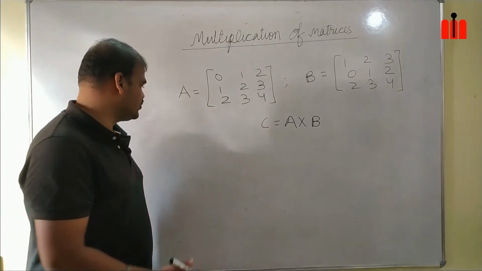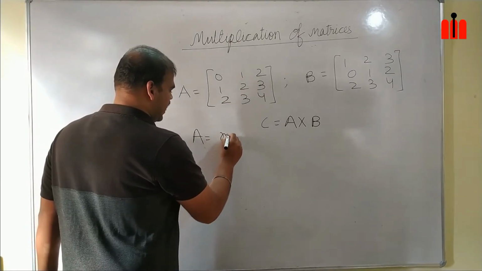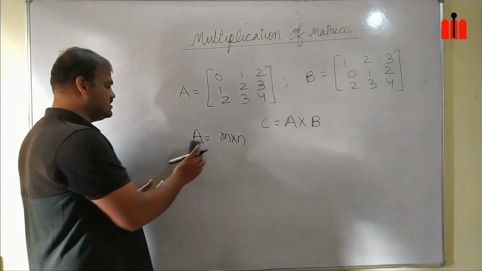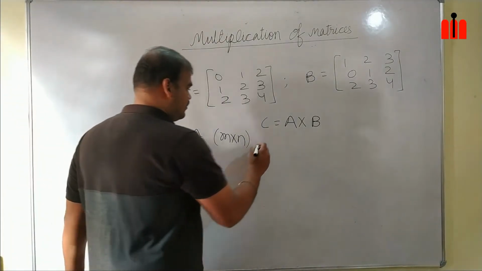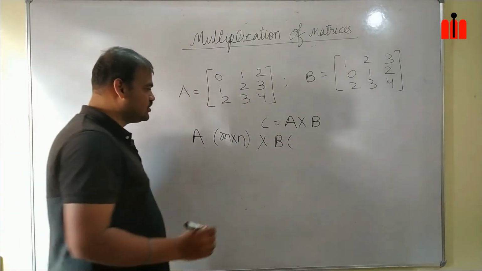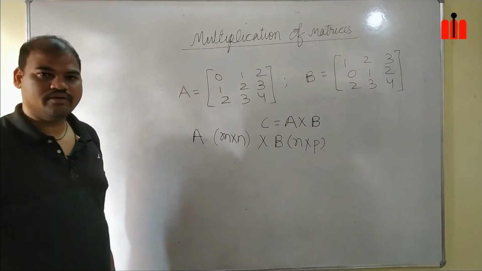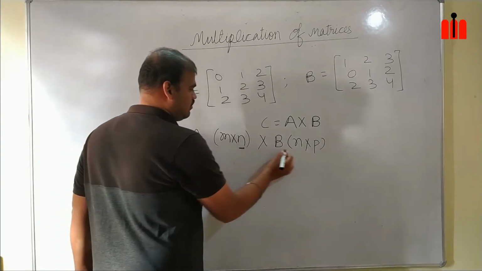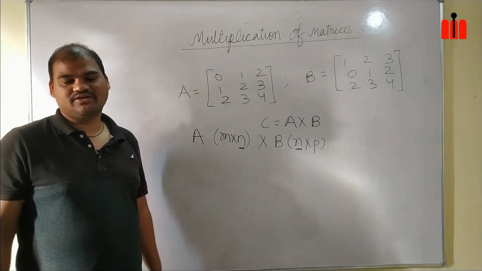Are you getting it? So suppose A's size is M cross N. Then for a multiplication to happen, B's size should be N cross P. The number of columns of A should be equal to the number of rows of B. Otherwise, multiplication will not happen.